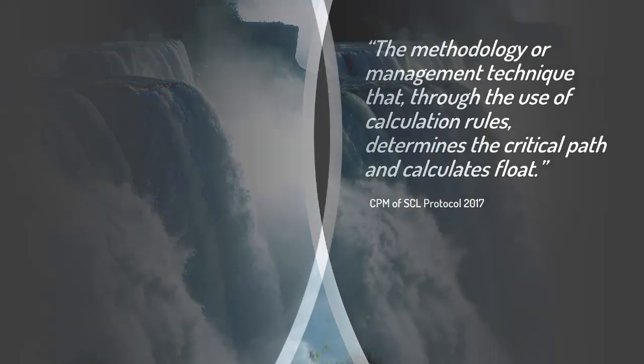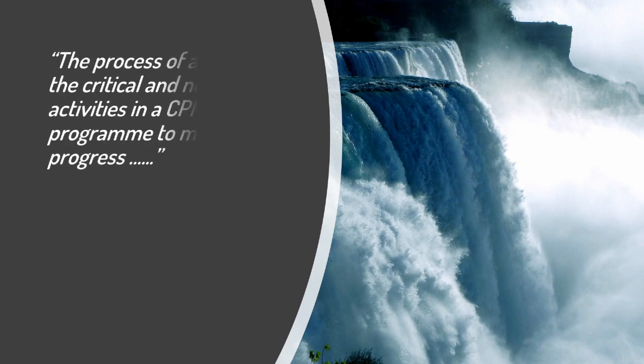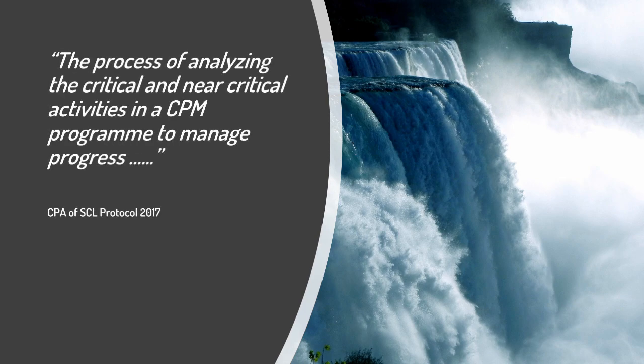On the other hand, SCL Protocol Edition 2017 defines critical path analysis as the process of analyzing the critical and nearly critical activities in a CPM program to manage progress for the completion date of the works.